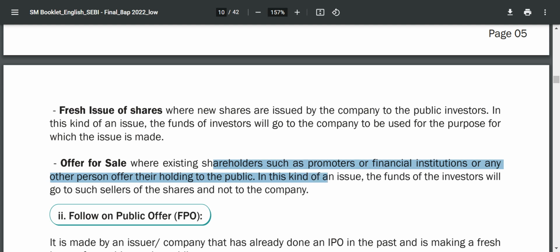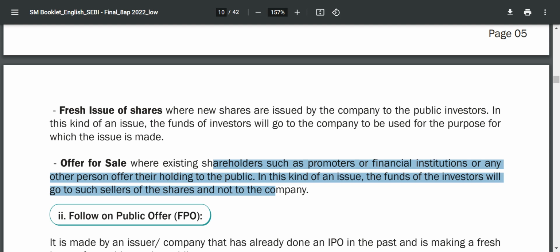In this kind of issue, the funds of an investor will go to such sellers of the shares, and not to the company.